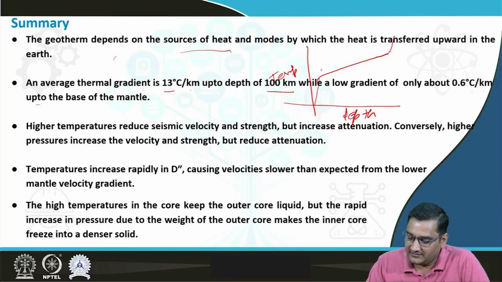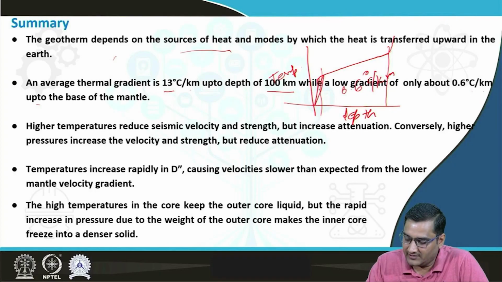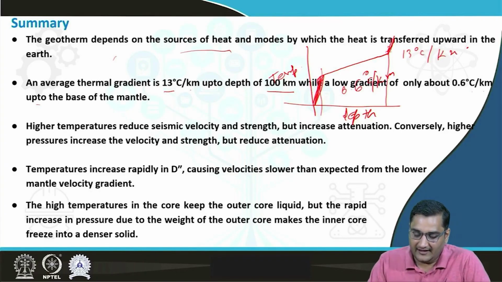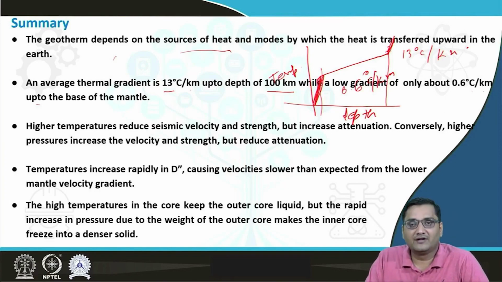This is the region where the thermal gradient was around 0.6 degree centigrade per kilometer, and in the region over here, that is the lithospheric mantle up to 100 kilometer, and at the region of D double prime layer, the gradient is steeper, of around 13 degree centigrade per kilometer. And then we learned that higher temperatures reduce seismic velocity and strength but increase attenuation.